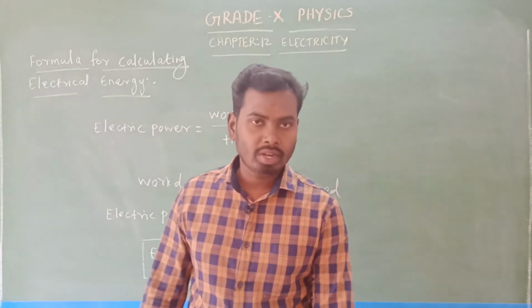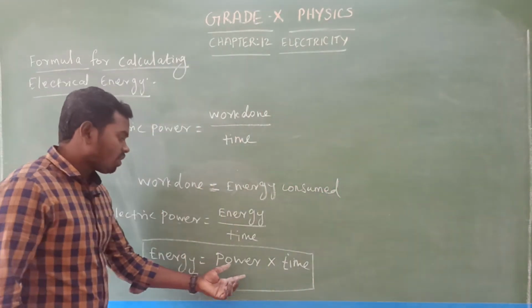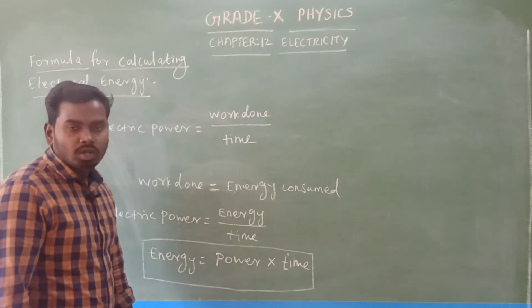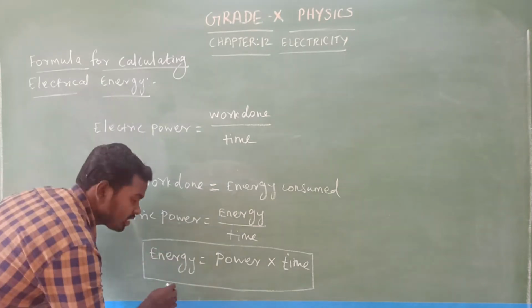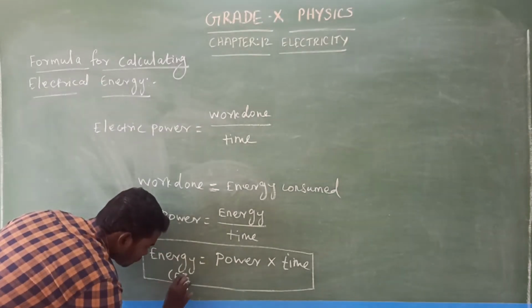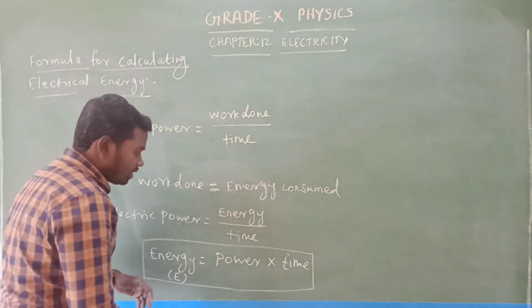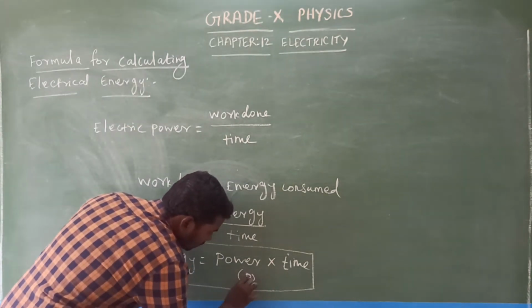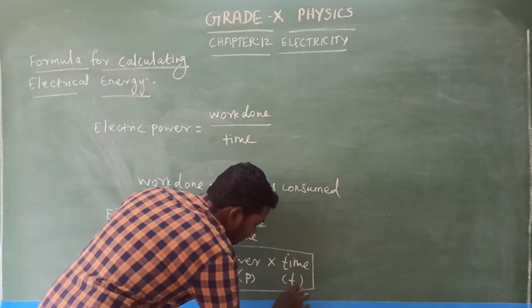Is that clear, students? Very easy. The product of power and time is equal to energy. Energy is denoted by the capital letter E, power is denoted by capital P, not small p, and time is denoted by small t.